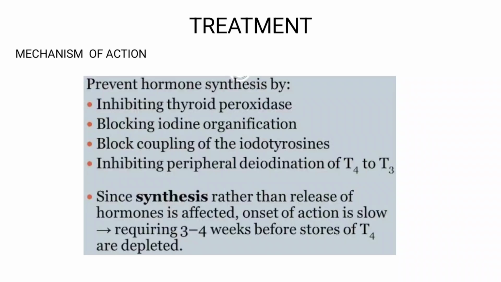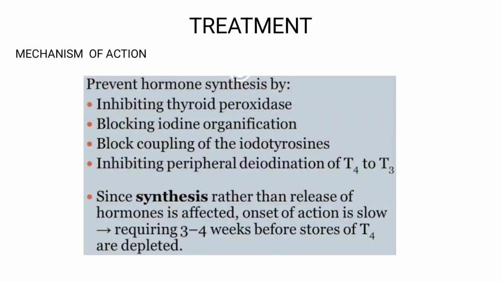So the mechanism of action decides the management plan for hyperthyroidism. We can prevent the hormone synthesis by inhibiting the thyroid peroxidase enzyme. What does this thyroid peroxidase enzyme do? It helps in the formation of thyroid hormone. We can also block the iodine organification, block the coupling of iodotyrosines, and inhibit peripheral deiodination of T4 to T3.